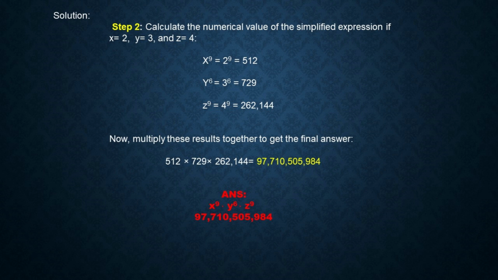Therefore, the simplified expression is x raised to 9, y raised to 6 and z raised to 9. And the numerical value is 97,710,505,984.